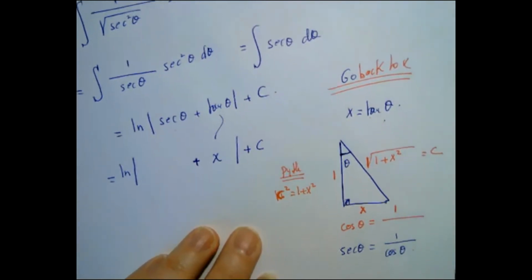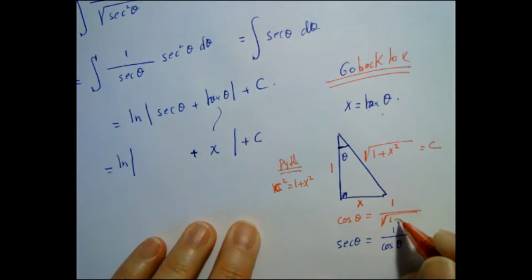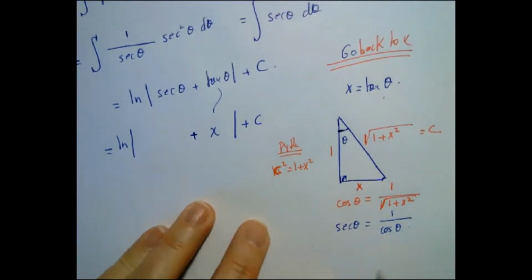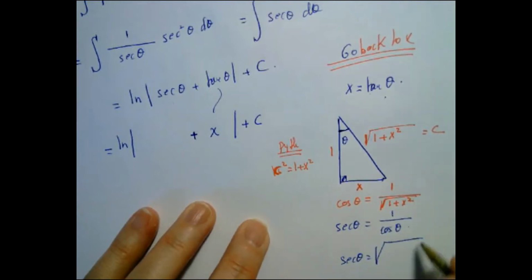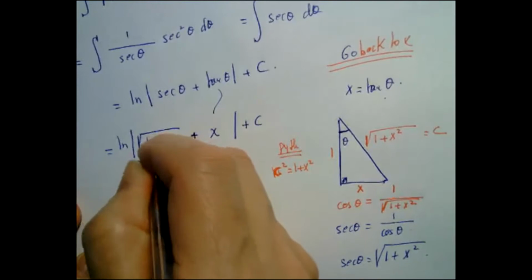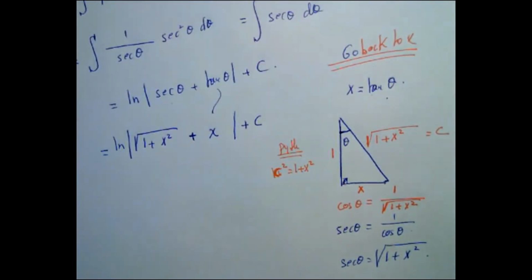So there are a lot of steps in this problem, but once we get the hang of it, it will not be hard anymore. So the cosine is that, so the secant is 1 over cosine. So if I divide 1 over cosine, it's going to be the square root of 1 plus x squared. So my secant now is the square root of 1 plus x squared and of the problem.